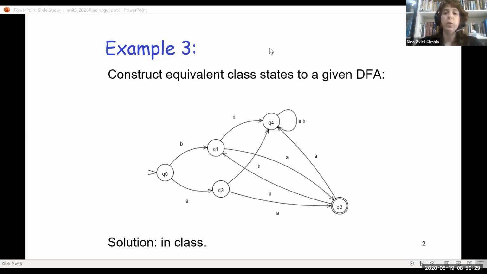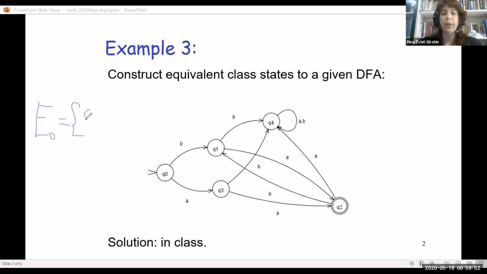I will remind you. We start with the equivalence set that we call E0, because we are currently looking at the zero length separation word. And we basically separate all the states into accepting states and non-accepting states.